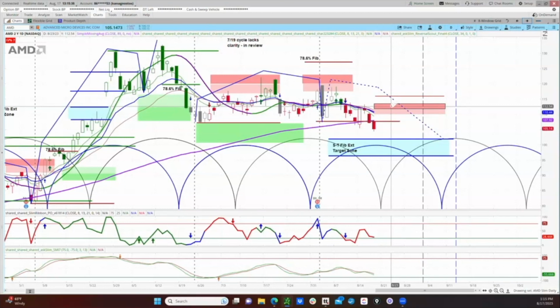Right now the levels are from about 113.5 on the top to about 110 on the bottom, with a 78.6% fib up here at 115.93. Now we are projecting down to the top of this target zone, this light blue box, at 101.69 during that daily cycle timing window, which is in early September, 9/1 to 9/12.